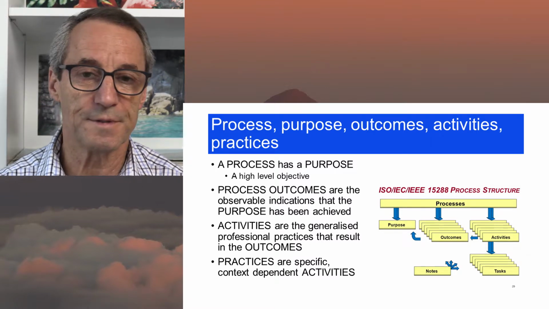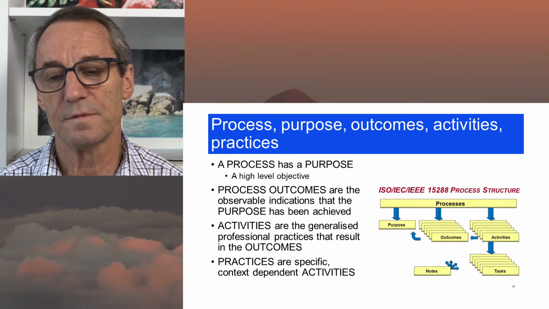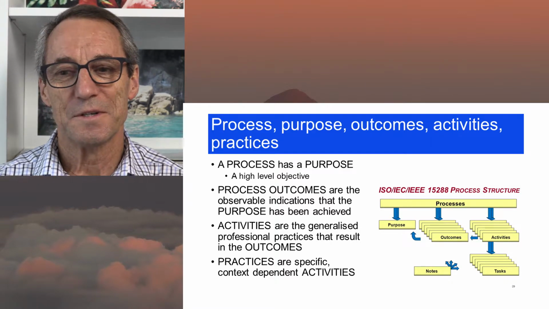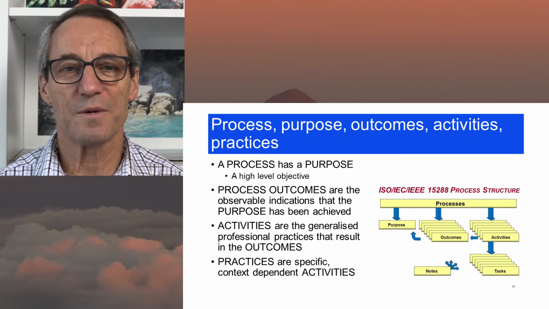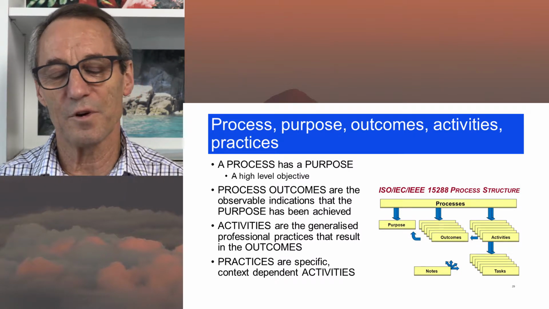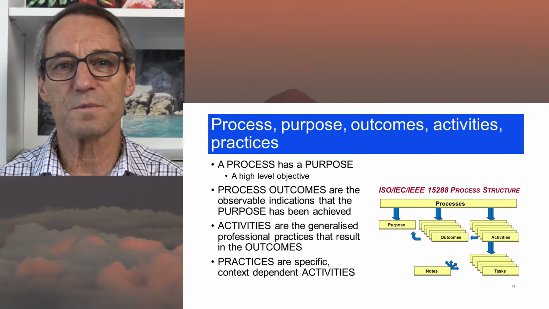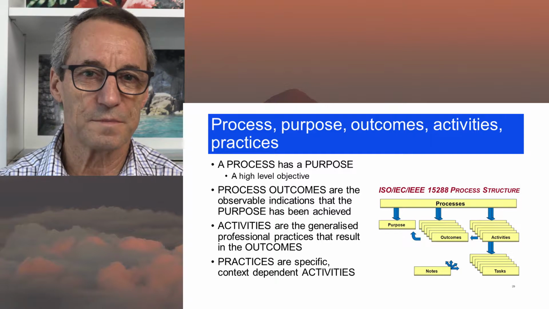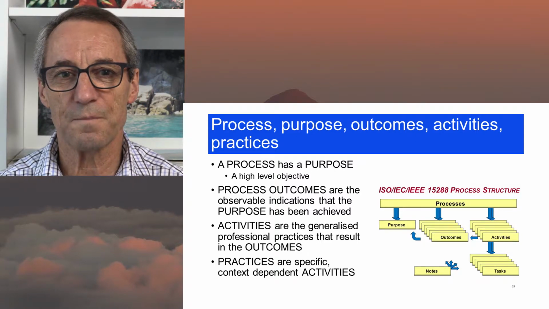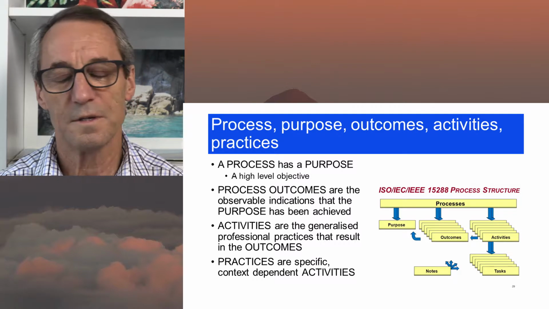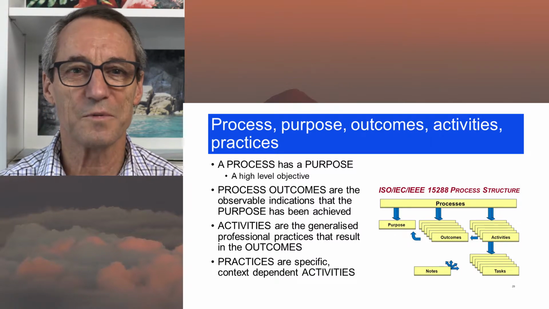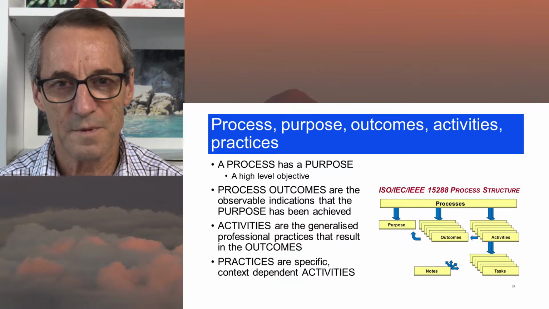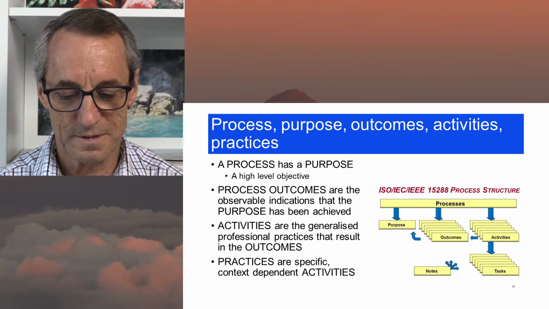Now, ISO 12207 was later, there was an attempt to say, well, in order to develop software, you have to know about more than just the software. You have to know about the system in which the software is fitting. So we have system development lifecycle processes, which is ISO 15288. Now, those two have been reconciled a bit, but the process descriptions are the same, and that is they have similar elements.